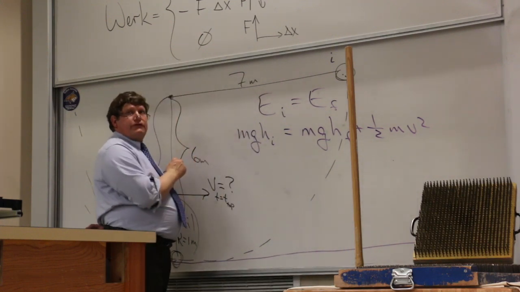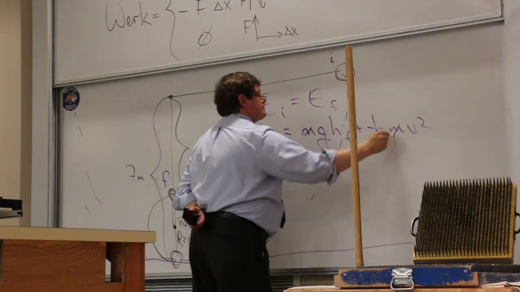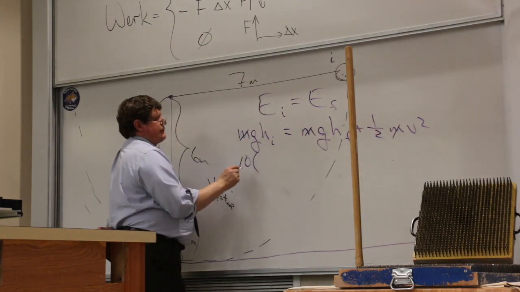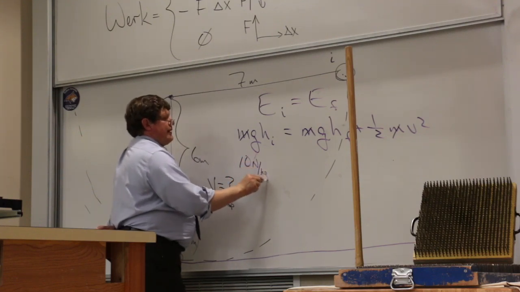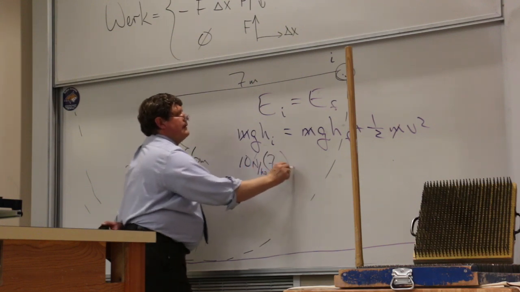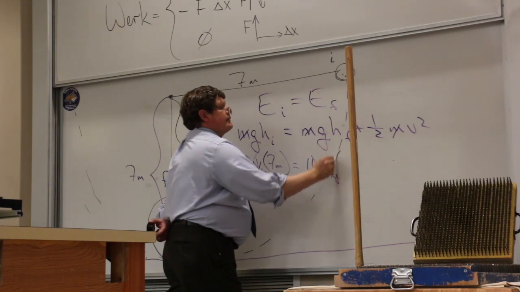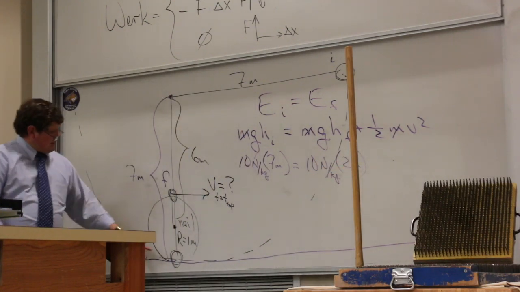Well, each of these terms has an m in it, so I can cancel the m. This is going to be 10 newtons for each kilogram times a height of 7 meters. This is going to be 10 newtons for each kilogram times a height of 2 meters. Do you see where I got that 2?